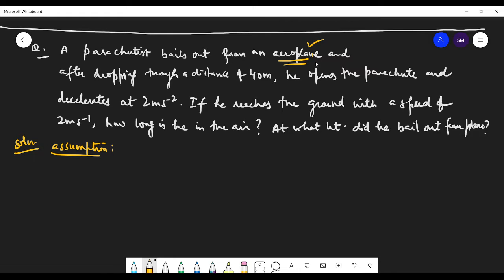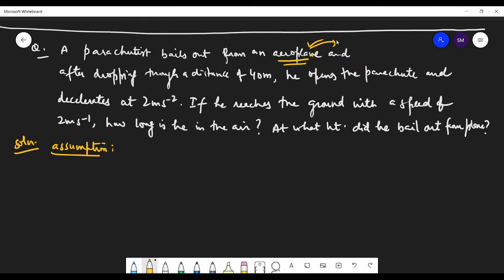An aeroplane normally moves, but these questions are not real questions related to real life. Some of the time we just get fictional questions. Here you can clearly see nothing is told about the aeroplane.